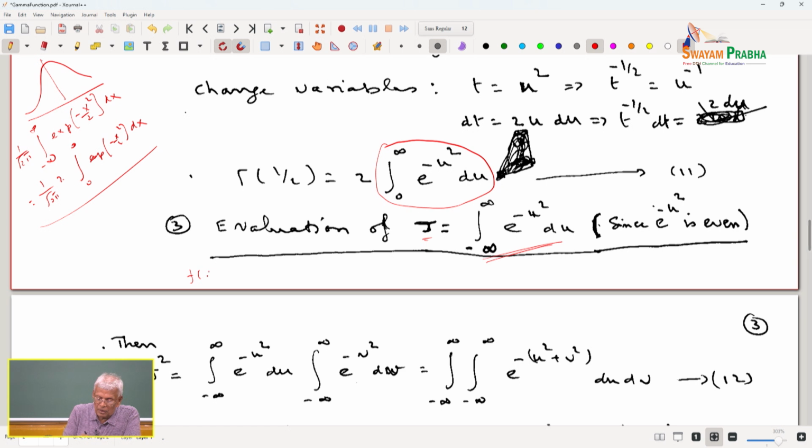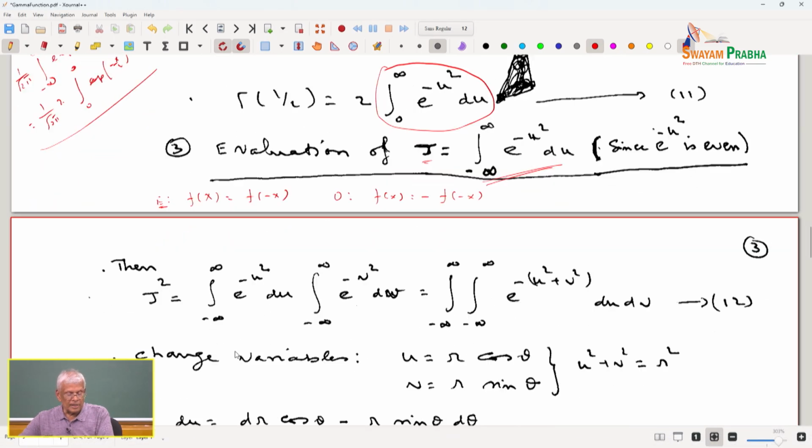If f of x is equal to f of minus x, it is called an even function. An odd function is when f of x is equal to minus f of minus x. e to the power of minus u square is an even function. It's a kind of bell-shaped curve.